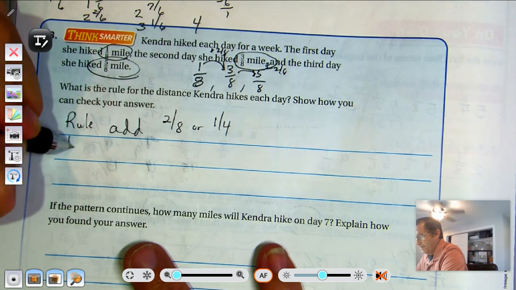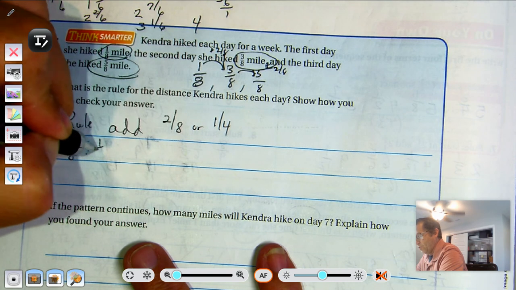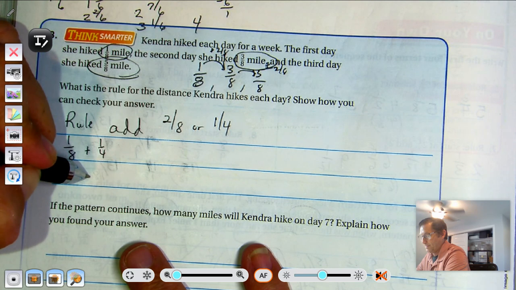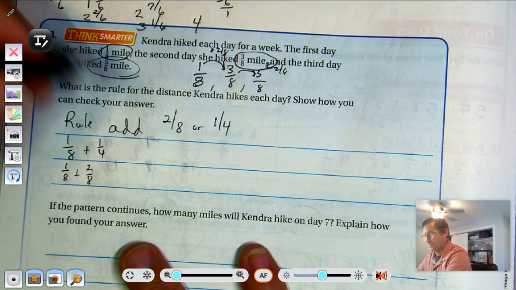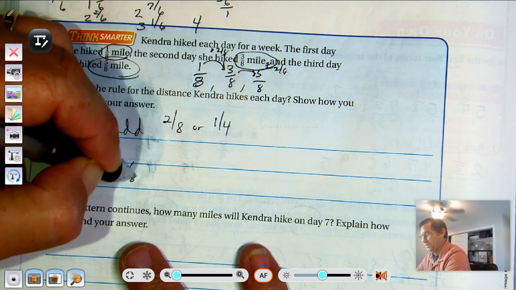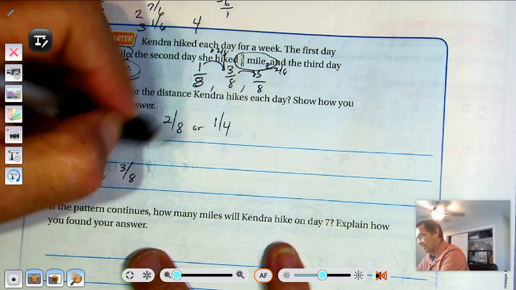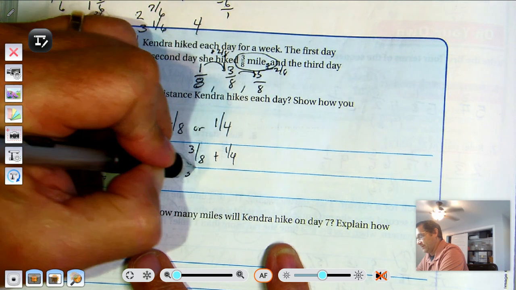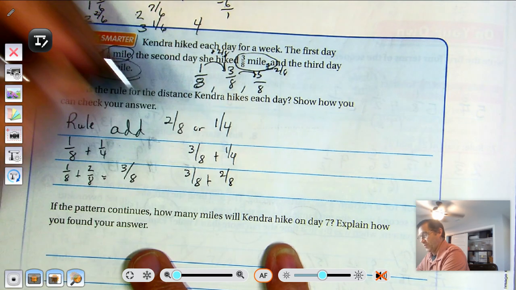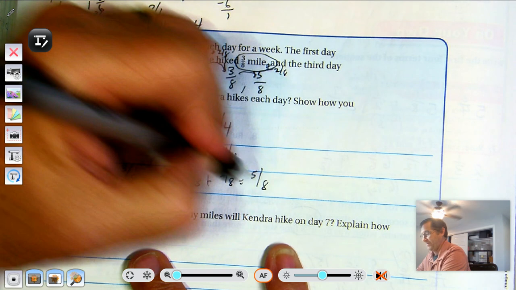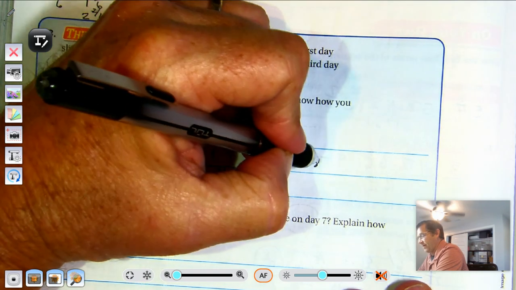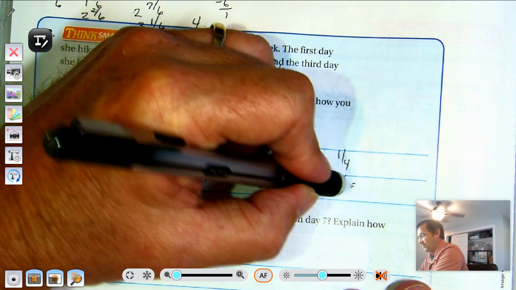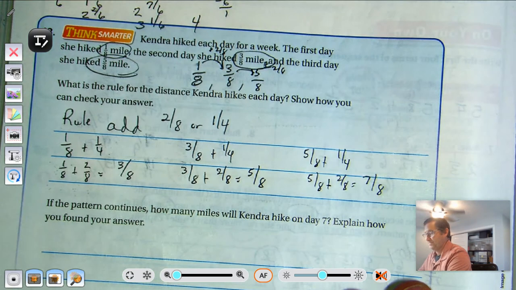So if we start at 1/8 and we add 1/4, that would be 1/8 plus 2/8, which is 3/8. 3/8 plus 1/4 is the same as 3/8 plus 2/8, which is 5/8. And 5/8 plus 1/4 is the same as 5/8 plus 2/8, which gives us 7/8.